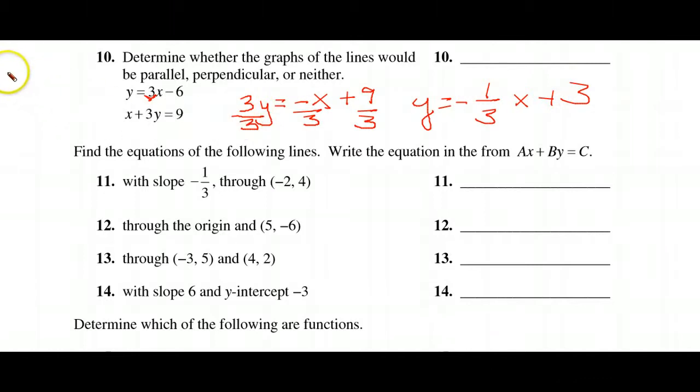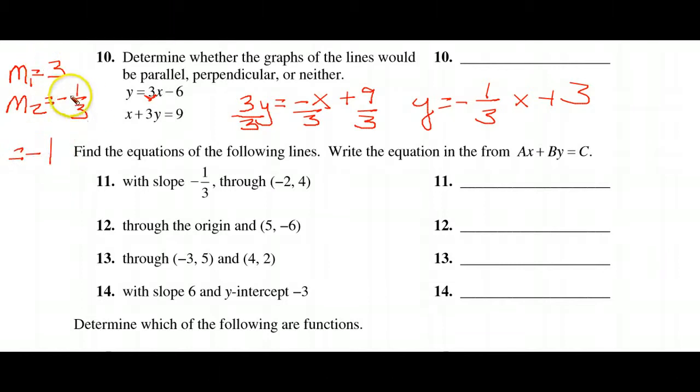Now we're going to compare our slopes. The slope of this first one was 3. The slope of the second one was a negative 1/3. Now, are they the same? No, so they're not parallel. When we multiply these slopes, do we get a product of negative 1?